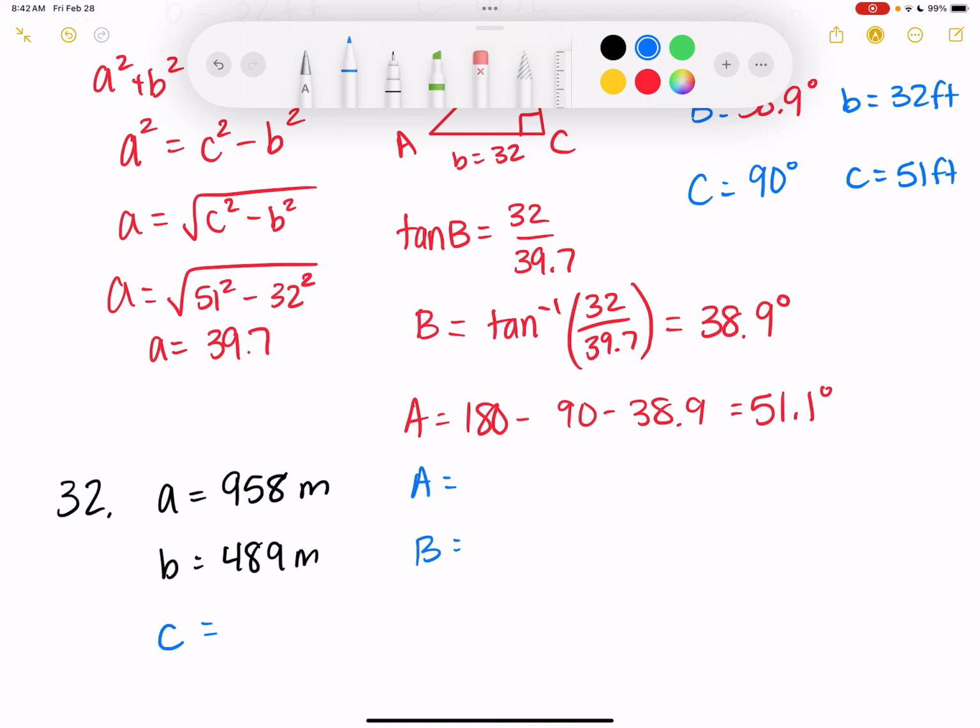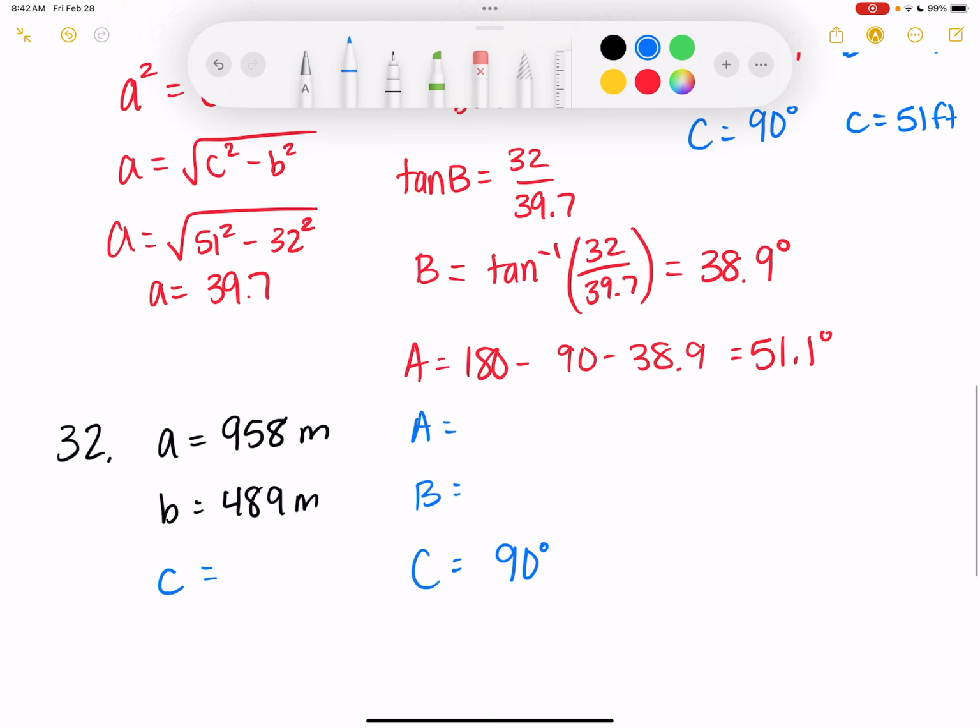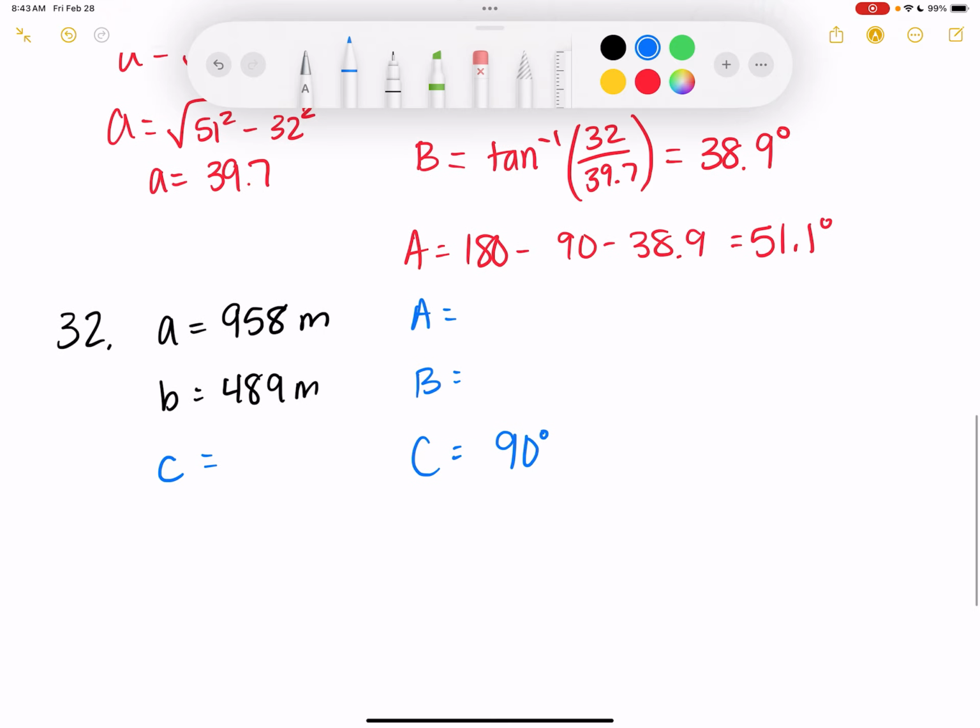So I also know angle C is 90 degrees. So just like I did in the last one, I'm going to find side length C before I do anything else. And because I'm going to forget, I'm going to draw my triangle before I get too far here.